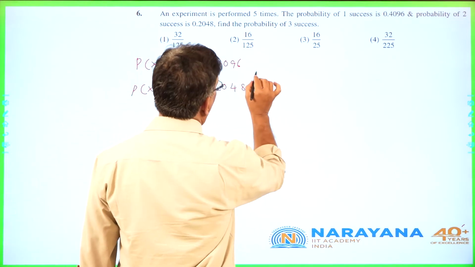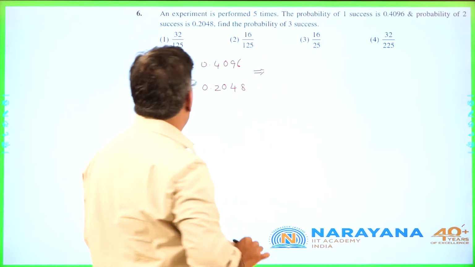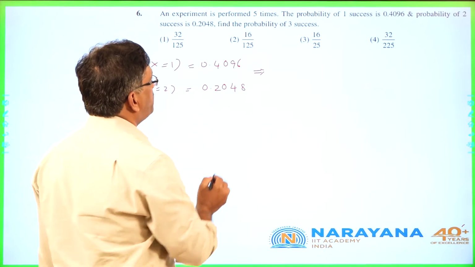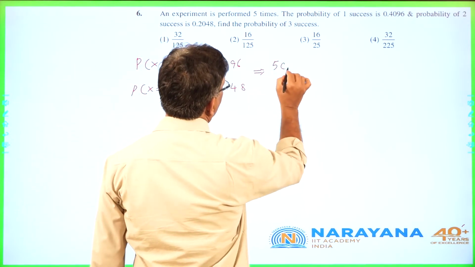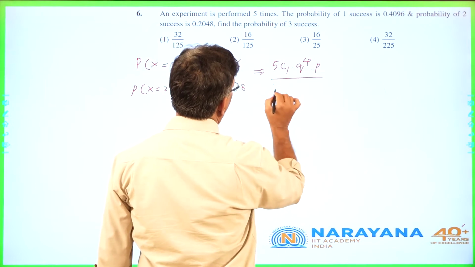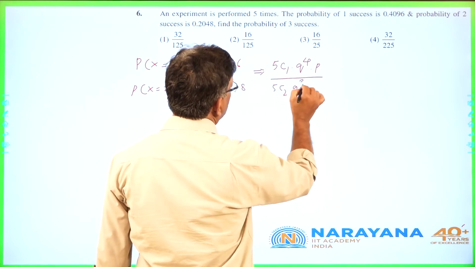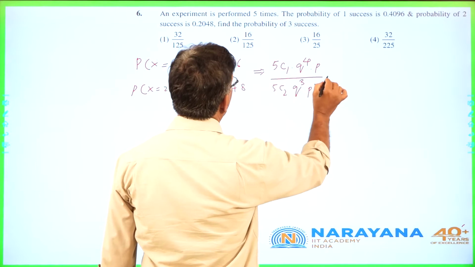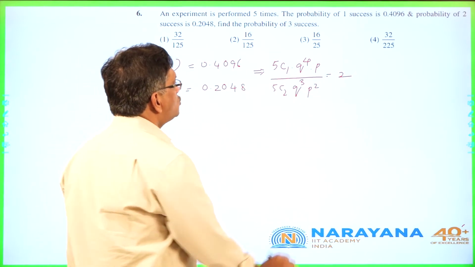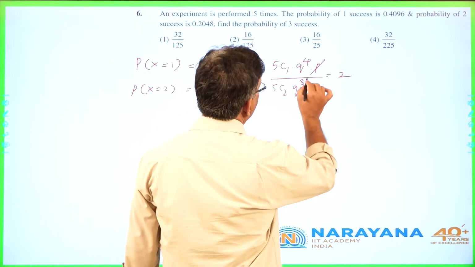So when you divide, before dividing, let us write down. The number of times he is conducting the experiment is 5. 5c1 q power 4 p by 5c2 q cube p square is 2 times, right? So 1p we can cancel.